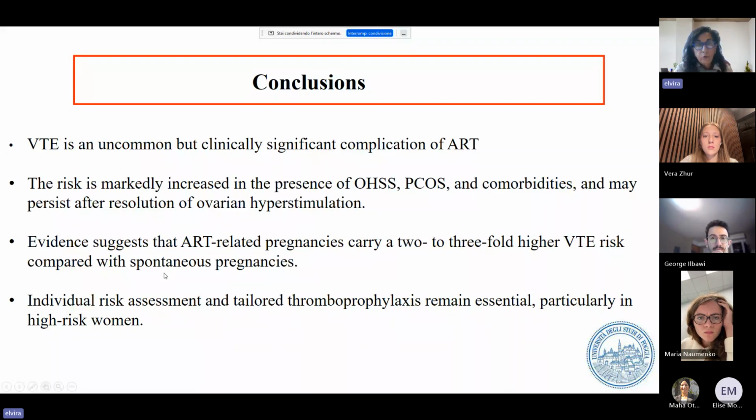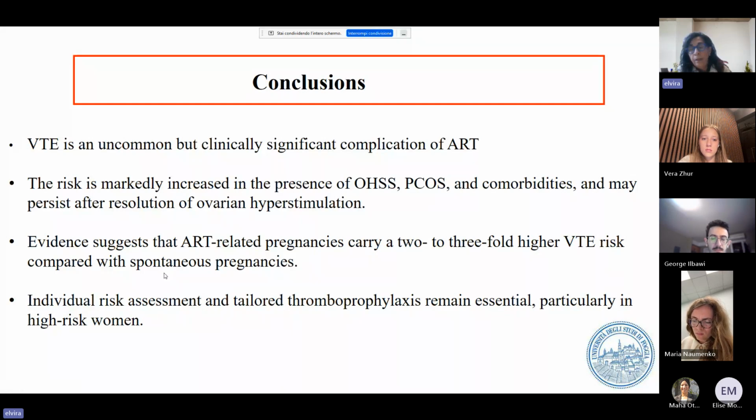And now let's move to conclusions and take-home messages. I would like to conclude that, as I have tried to show you, the venous thromboembolic risk is not common, but has important clinical implications.